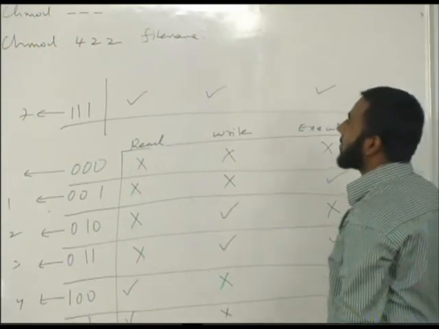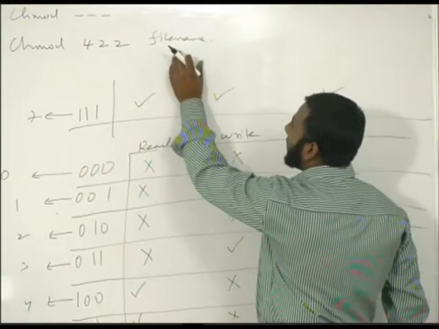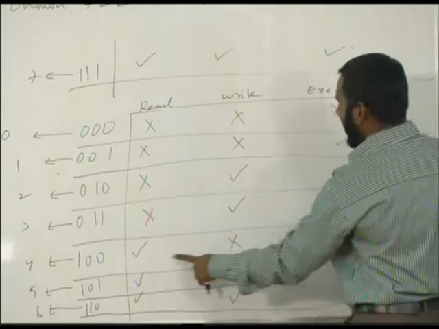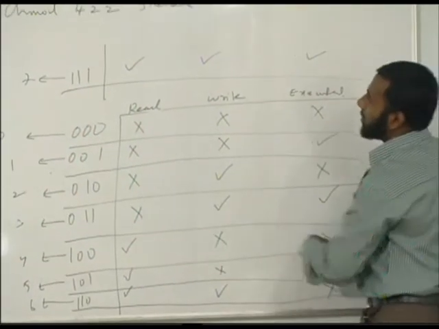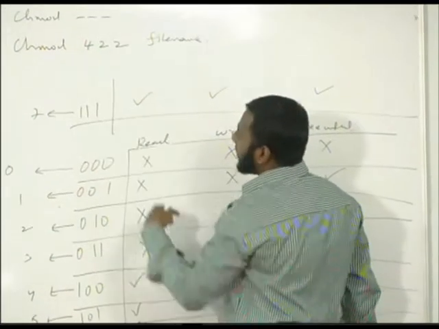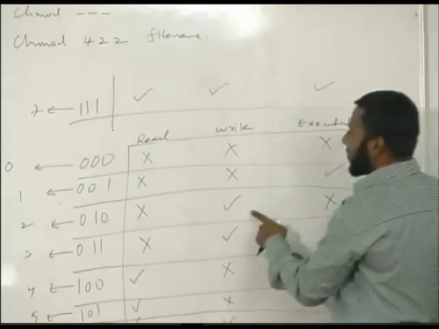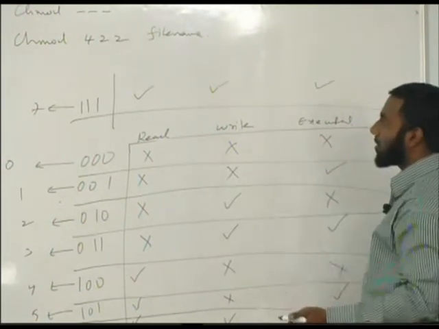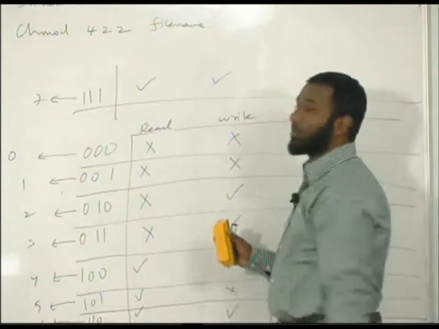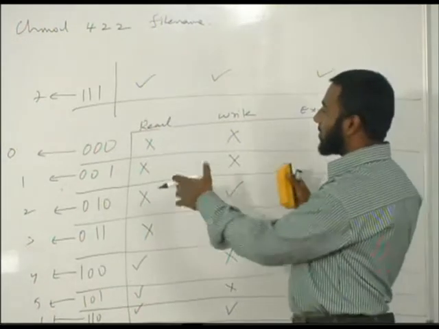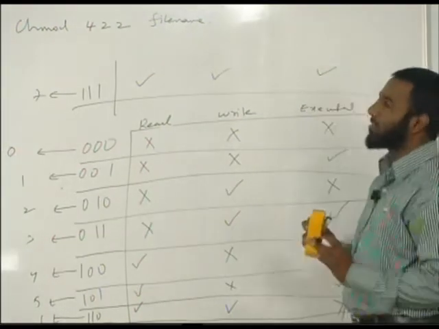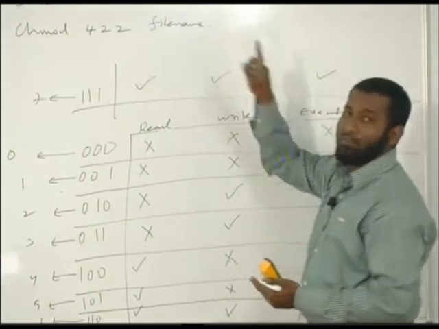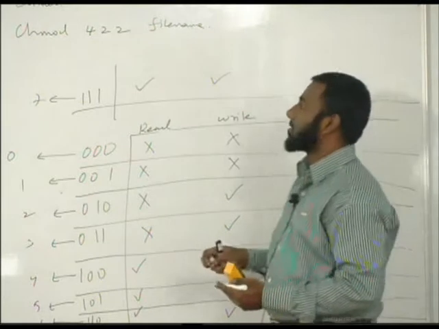It means that for this file, for the owner I want read only permission, but for the group and others I want write only permissions. At this point I am just giving an example. What is the meaning behind write only and read only, we are not concerned about. I am just showing how these numbers affect the permission of a file. Here we are using these octal numbers.